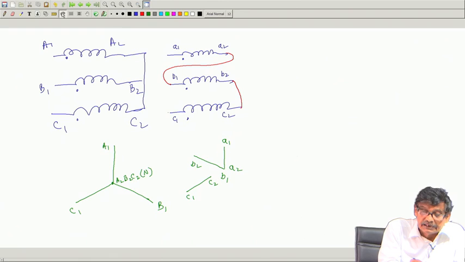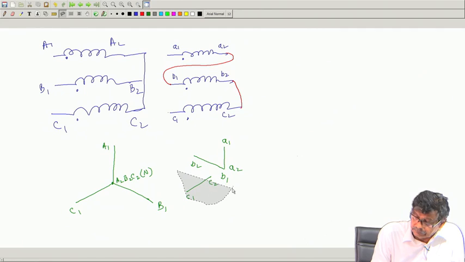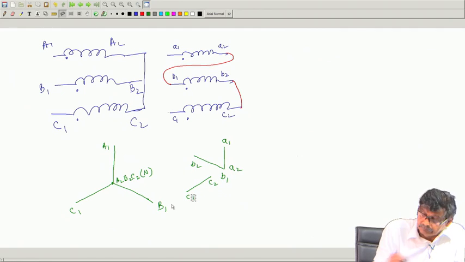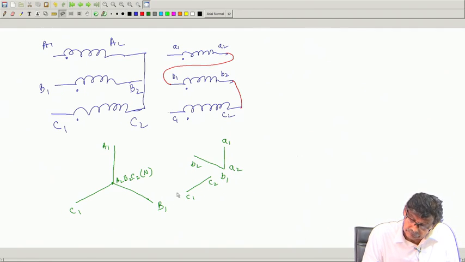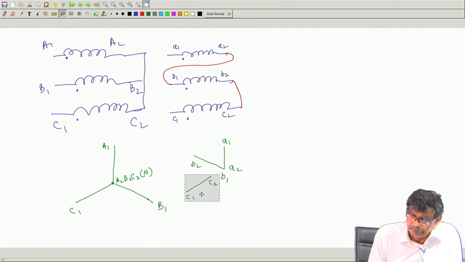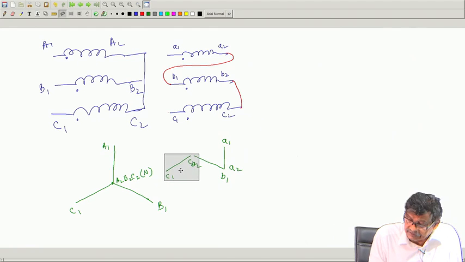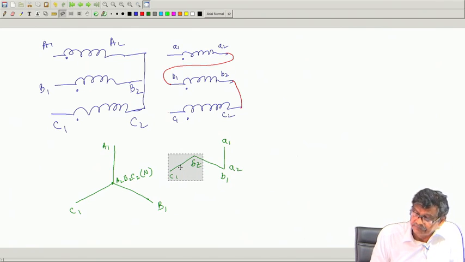That means he has moved this phasor, and B2 with C2 he has joined. So, he will connect it like this, is it not?